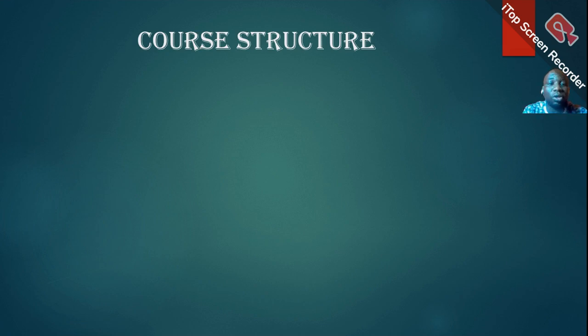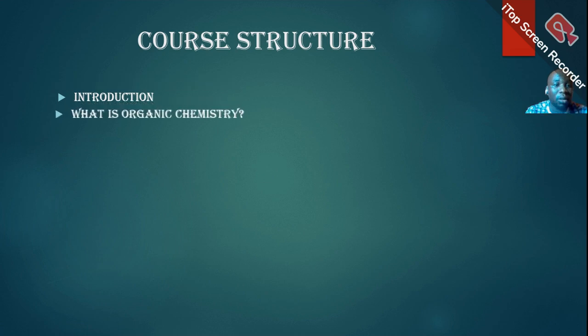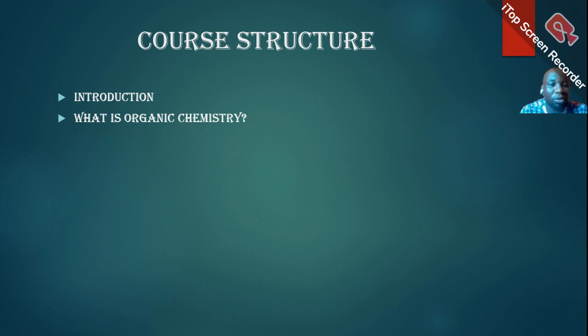So in this lecture, we'll be considering the following topics. Number one, we look at the introduction, where we give some examples of substances around us that are organic. Then we look at what organic chemistry is. How is organic chemistry defined? What is it all about?